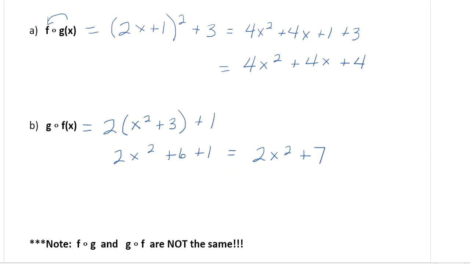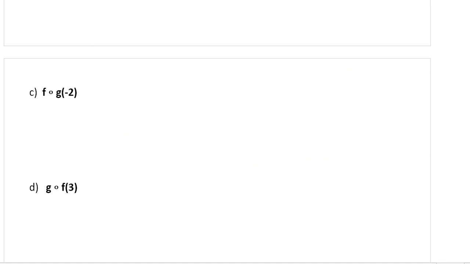Alright, in this last part, parts C and D, we're still using the same functions, f and g, and we're going to be putting in some numbers now. So perhaps it would be helpful for me to write that to remind myself. So f of x is x squared plus 3, and g of x is 2x plus 1.